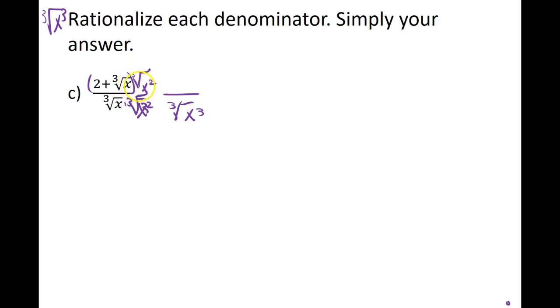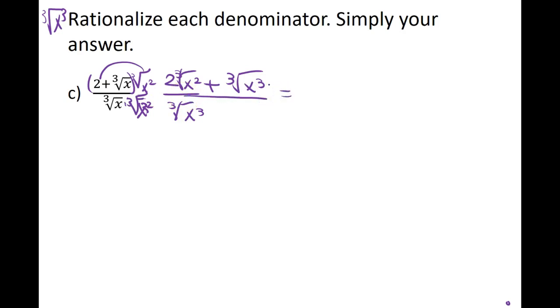So this is the cubed root of x squared times 2 is 2 times the cubed root of x squared, excuse my writing, plus the cubed root of x times x squared is x cubed as well. A little longer.